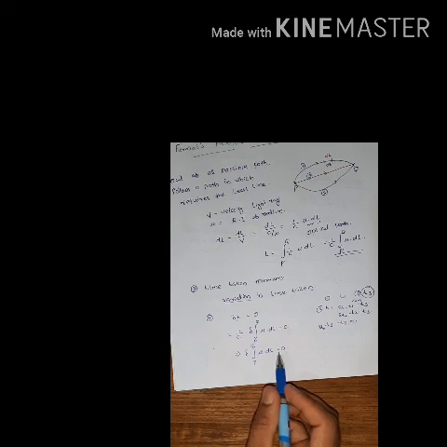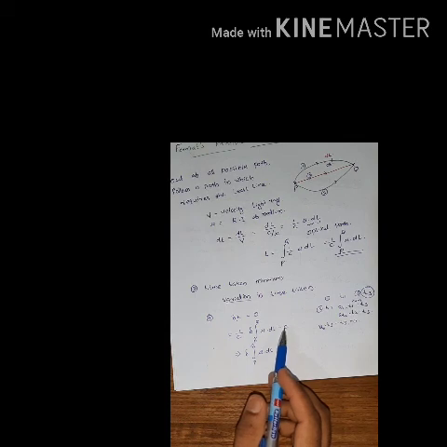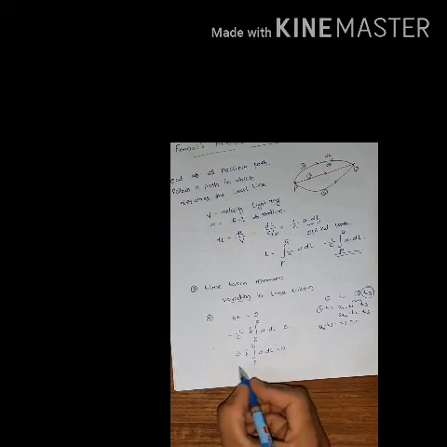Then we can restate Fermat's principle: light travels along a path in which the time taken is minimum can be restated as light will travel along a path having the minimum optical path length.